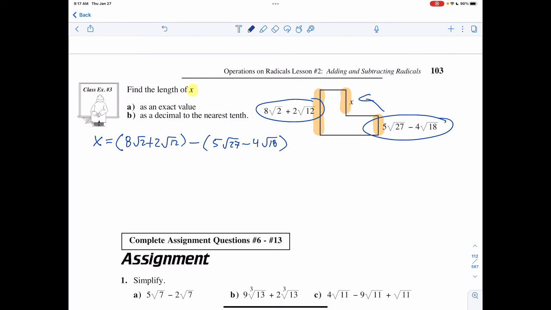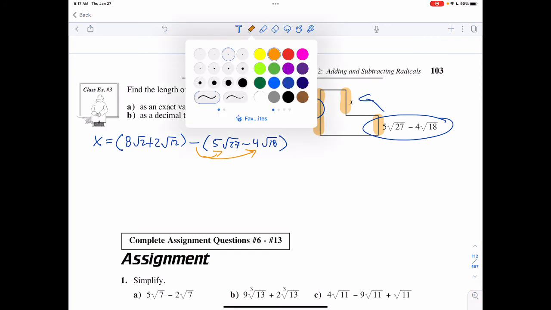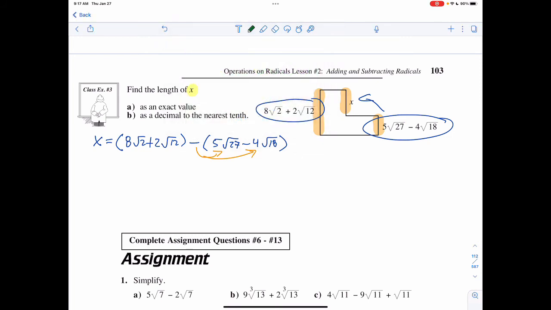The reason I put it in brackets is because I know that I'm going to have to distribute that minus into both parts here, which is going to change the signs of both of these terms. So I can say that this is equivalent to 8 root 2 plus 2 root 12 minus 5 root 27 plus 4 root 18. Don't forget to flip that negative.